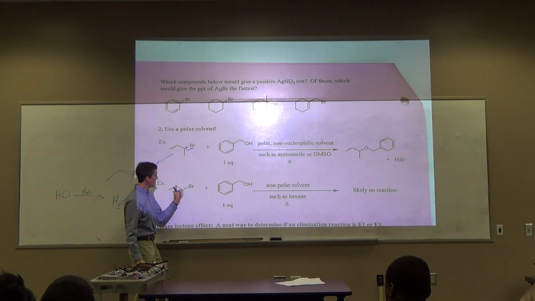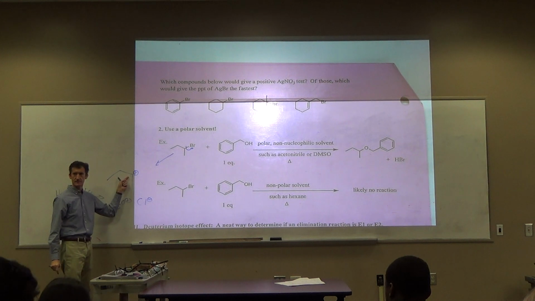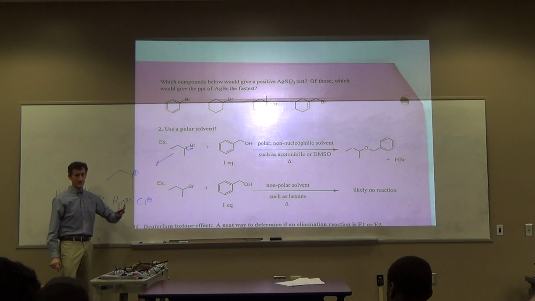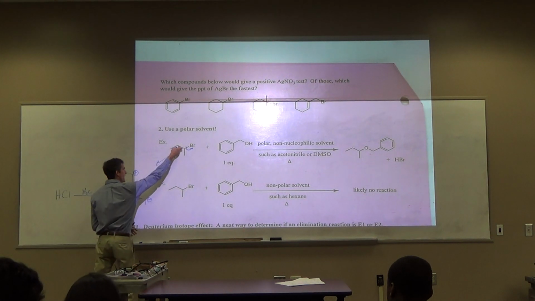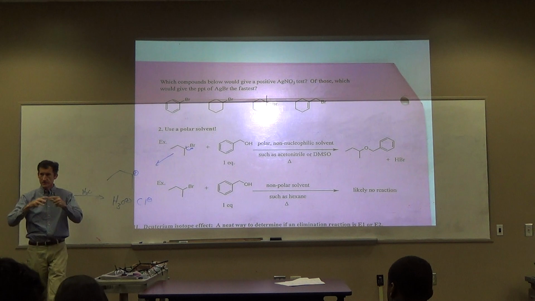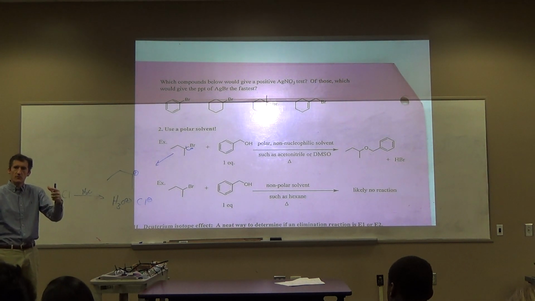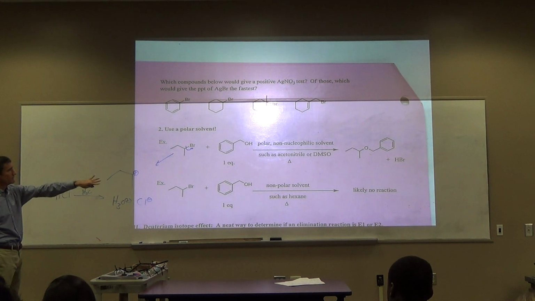What if you make this in the presence of hexane? Is hexane going to be loving this ion? No, it's going to shun it. It's like, get away. There's a transition state from here to here. In the transition state, the solvent can be involved and start hugging it and helping it along the way. Polar solvents facilitate forming polar ions.